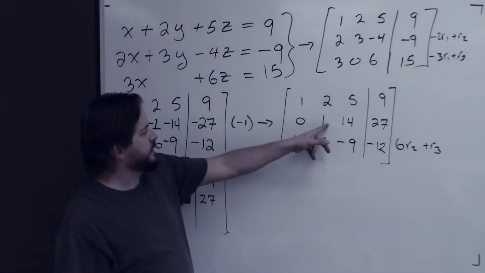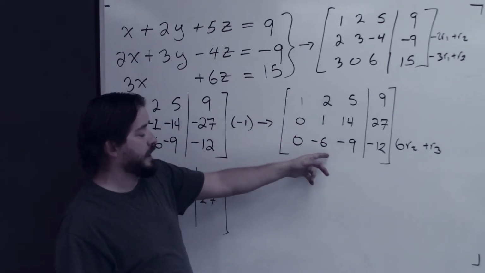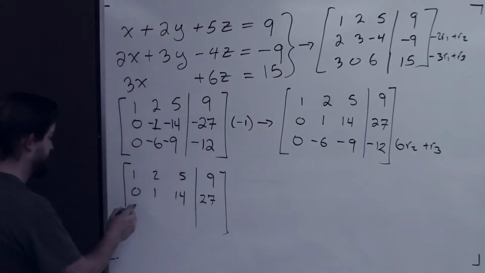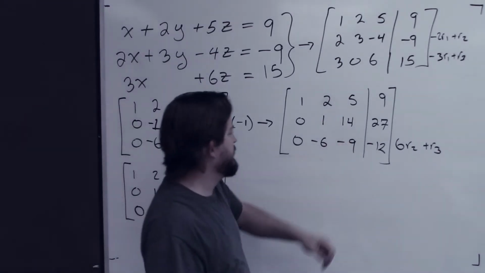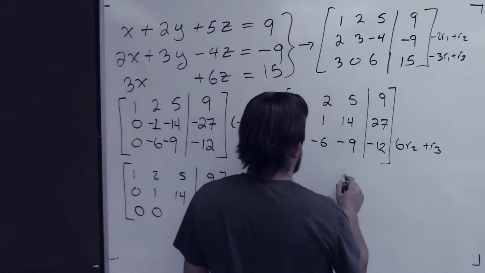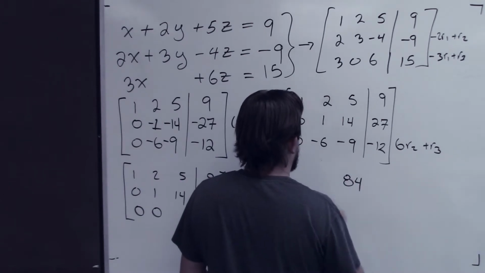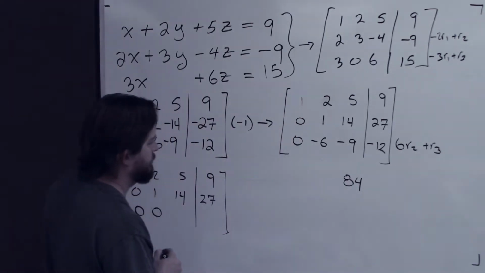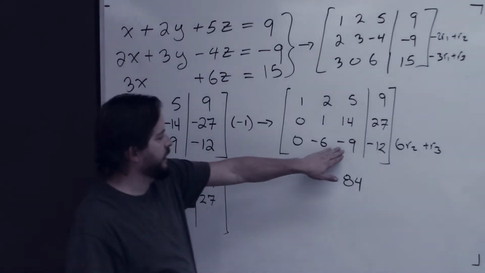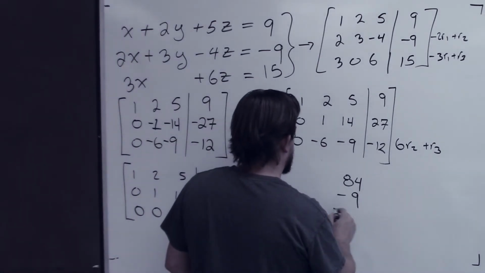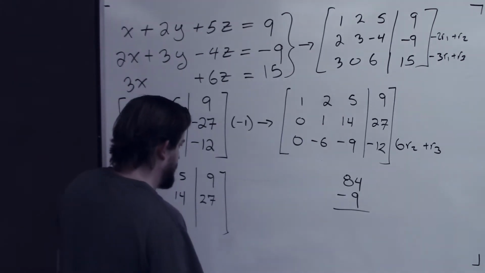6 of these is 6, and negative 6 gives me 0. 6 times 14 is 84. Minus 9 is 75.